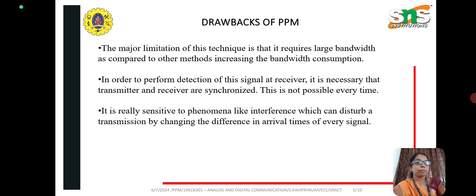In pulse width modulation, there is no need for synchronization of transmitter and receiver, whereas in pulse position modulation, both the transmitter and the receiver have to be synchronized for proper reproduction of the original signal from the pulse position modulated signal. It is also sensitive to phenomena like interference, which can disturb the transmission by changing the differences in arrival times of each signal.